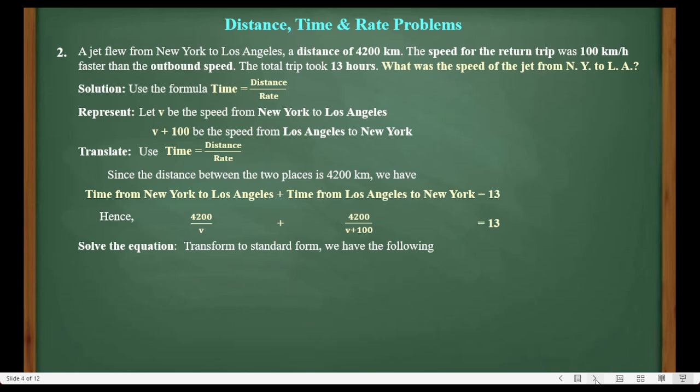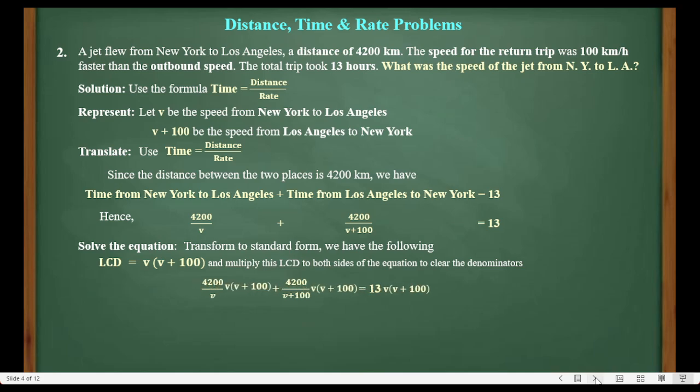And for us to do that, we need to clear the equation from the denominator. So we need to determine first the LCD. And that is the product of the two denominators, v times the quantity v plus 100. And this LCD is to be multiplied to each term on both sides of this equation.